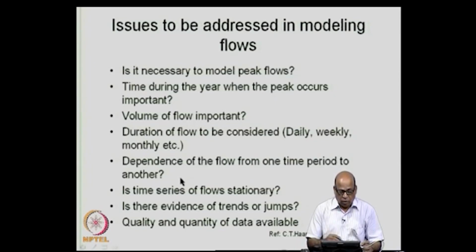Then we will also look at whether the dependence of the flow from one time period to another time period is important. In the Markov model, what did we do? We introduced the lag 1 correlation coefficient. So, if this dependence is important, then we may need to introduce the correlation coefficients.